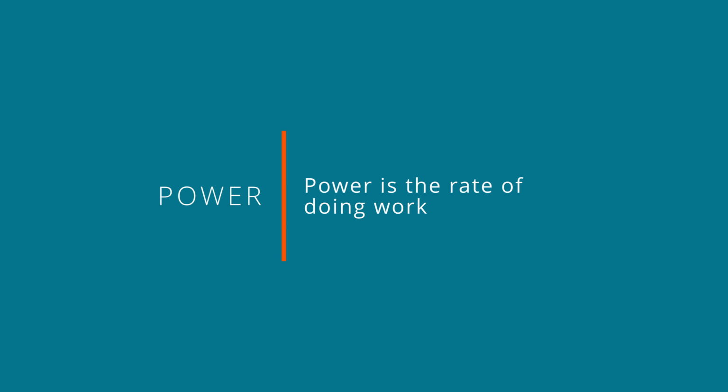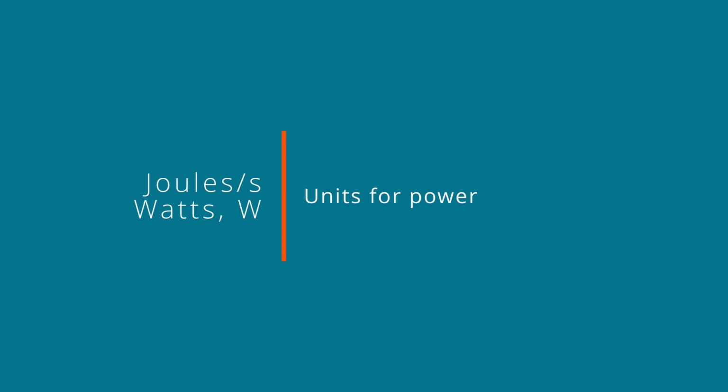That is because power in an electric circuit depends on the flow of charge, or depends on electrical energy in that circuit. So power is defined as the rate of doing work, and it is measured in joules per second or in watts. For power in an electric circuit, we will focus primarily on watts, which are abbreviated by capital W.